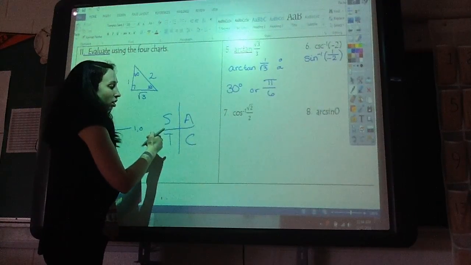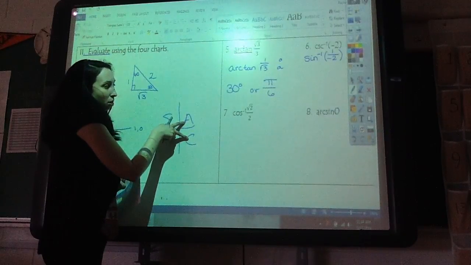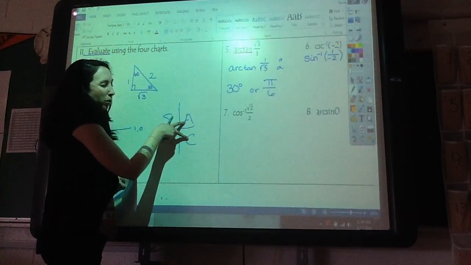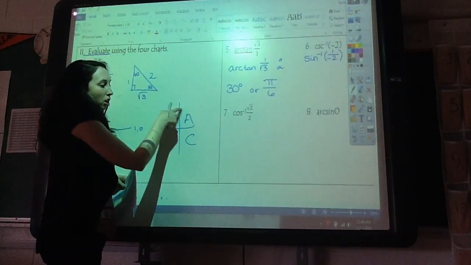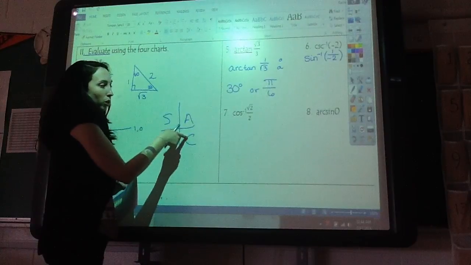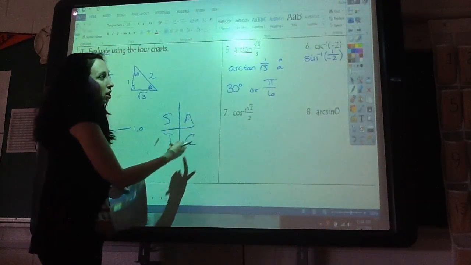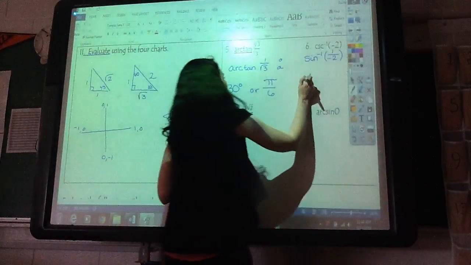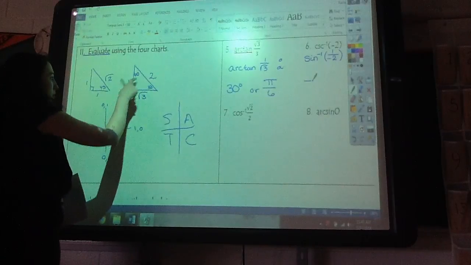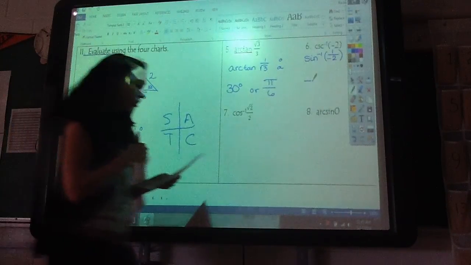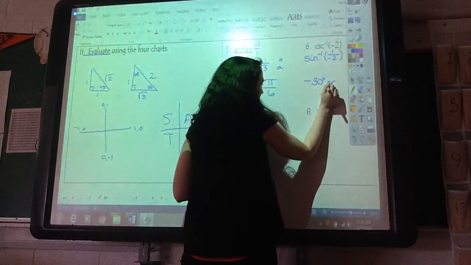So it's got to be in quadrant 1 or 4, because remember, we can only go from negative pi over 2 to positive pi over 2 for sine. So if it's got to be in these two quadrants, where is sine negative? Quadrant 4. Okay? So I know my answer is going to be a negative. I know the opposite is 1 and the hypotenuse is 2. Opposite 1, hypotenuse 2, I'm talking a 30-degree angle again. So again, I'm at negative 30 degrees or negative pi over 6.